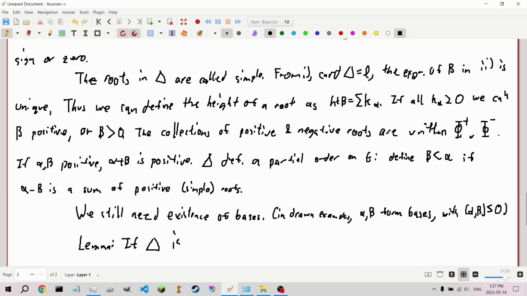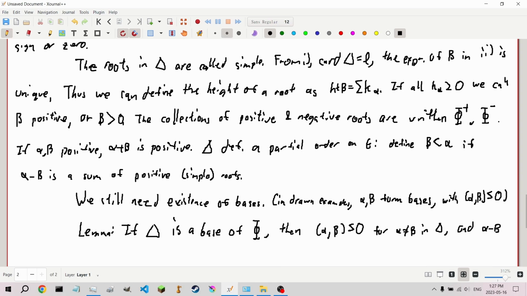This motivates the following lemma. If delta is a base of phi, then the angle between distinct roots in delta is obtuse, and alpha minus beta is not a root.